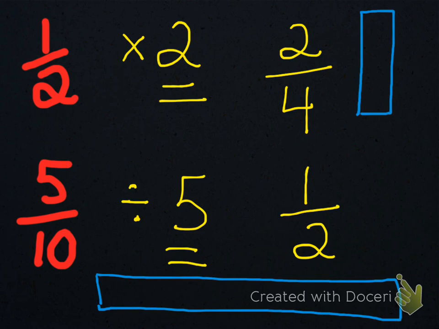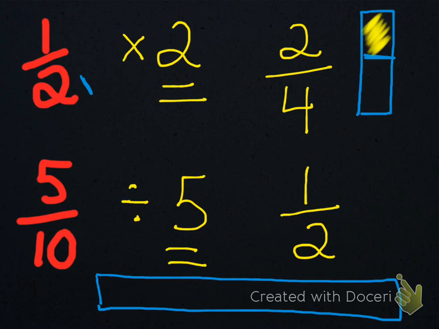Now, if you want more proof that 1/2 and 2/4 and 5/10 and 1/2 are equivalent fractions, we can show it with a model. So you can see I have a rectangle. If I were to split this rectangle in half, or as my denominator says right over here, 2 equal parts, that is showing me 2 equal parts. And if I shaded in the top, that would be 1/2 of that shape.